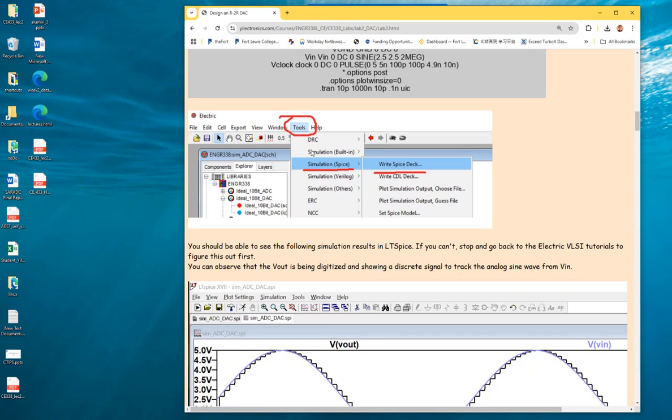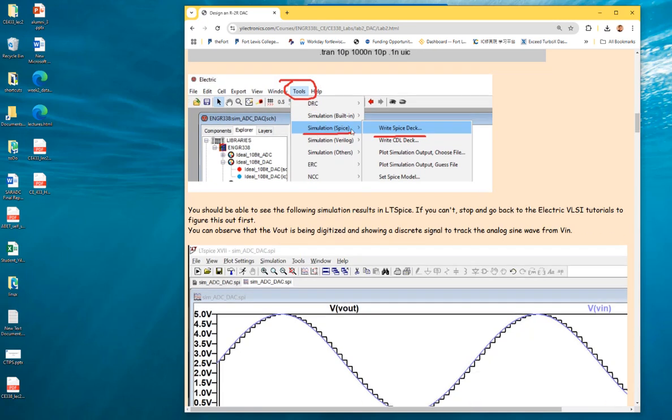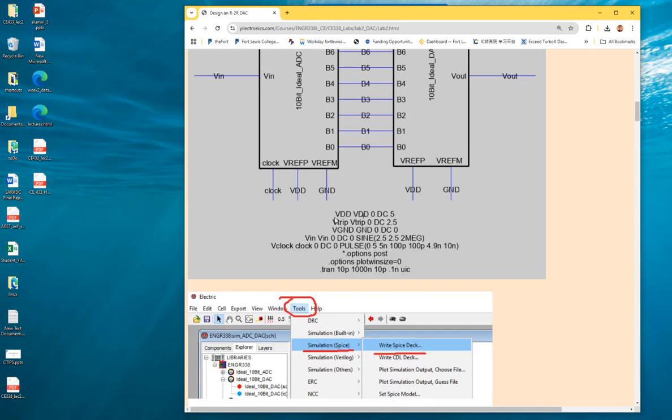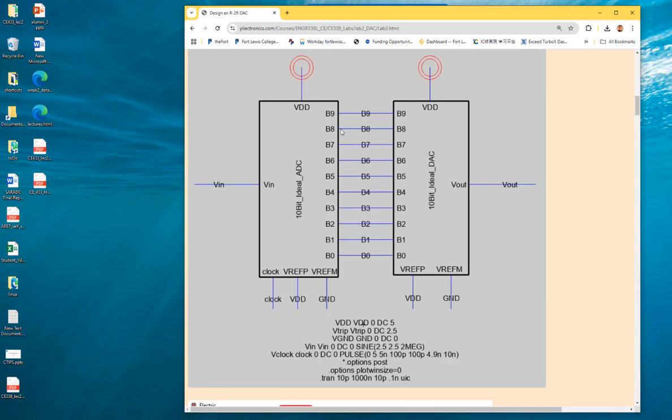For your report, you have to run the simulation and show a diagram like this. You can see the blue curve here is the ideal analog input. It's a sine wave. The signal with the stars is the one getting digitized. You can tell it has errors because you don't have an infinite number of bits or resolution for the ADC.